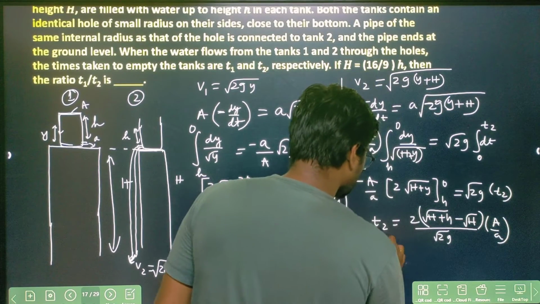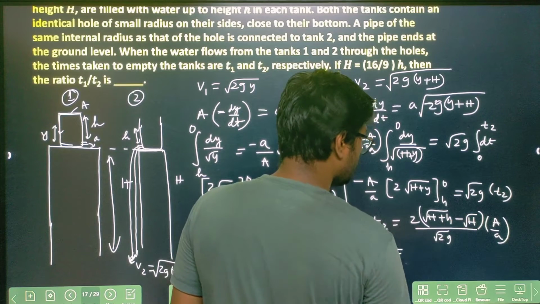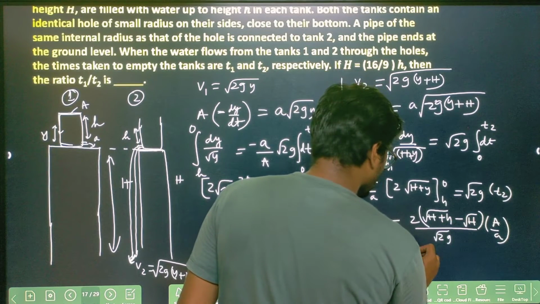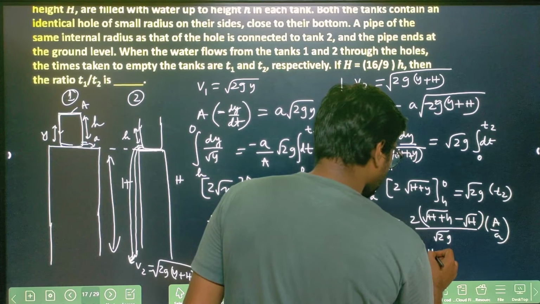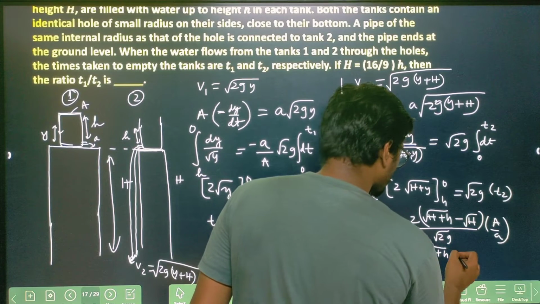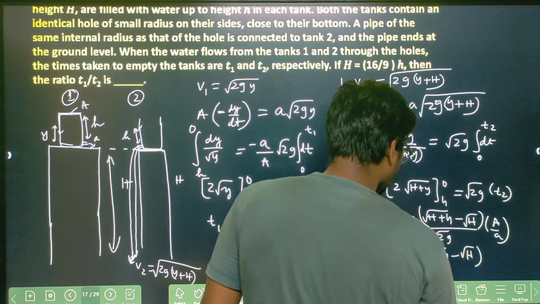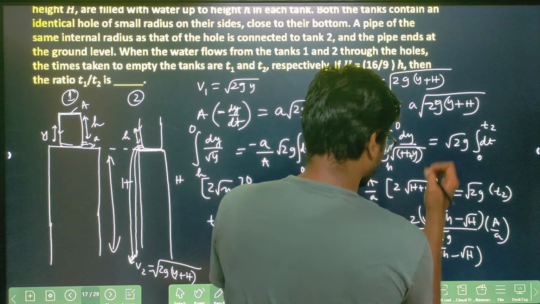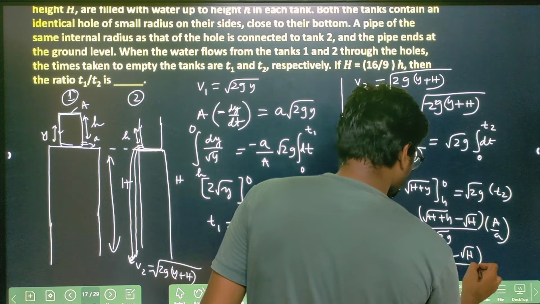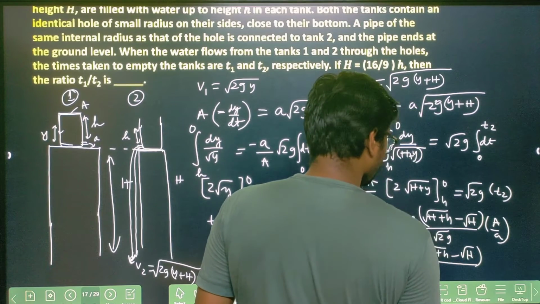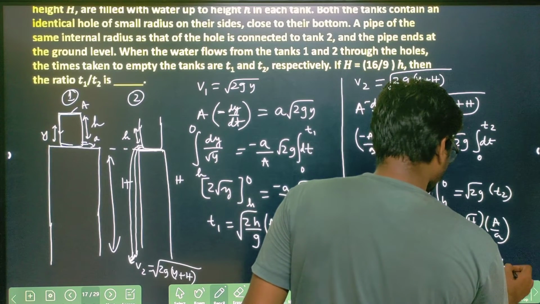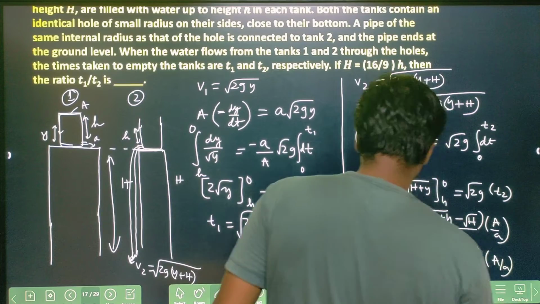So this will be T2 equal to how much you are getting. So it will be 2h plus h root over minus h root over, root 2, divided by g root over a by a. Clear? This much you will get.